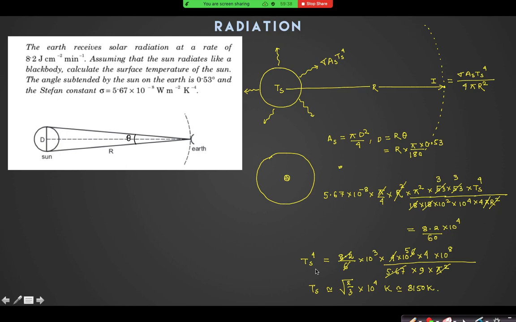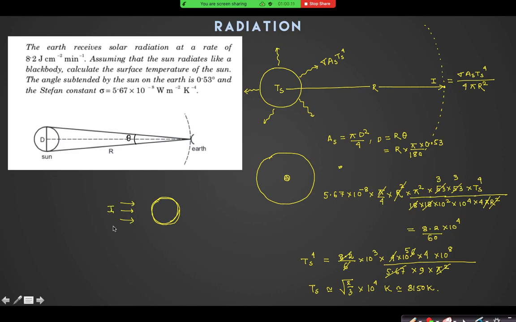I can also calculate the temperature of Earth from this data. Can you tell me what is the temperature of Earth then? Look, if you consider the Earth also to be a black body, then the intensity that is falling on Earth is parallel because Sun is at a very large distance away. Yes or no?